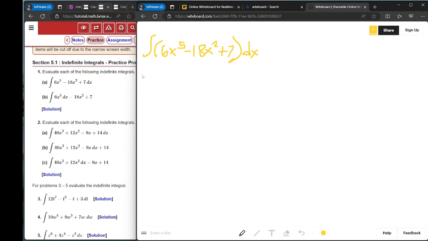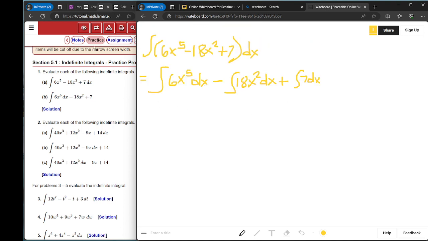I'll distribute dx so that this becomes the integral of 6x to the fifth dx minus the integral of 18x squared dx plus the integral of 7 dx.